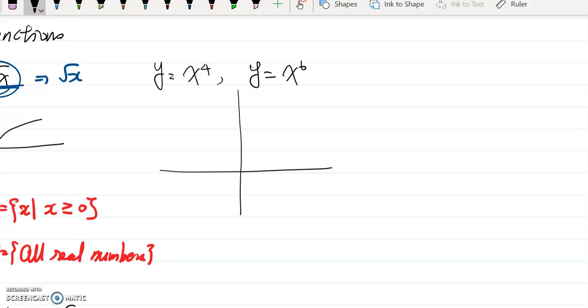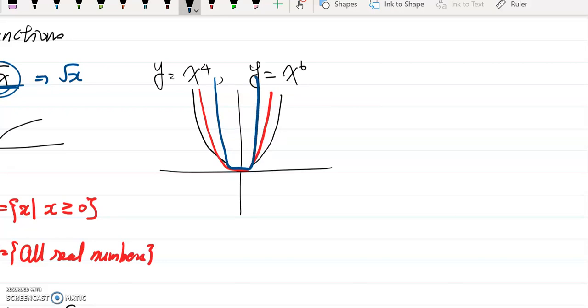If this is the x squared graph, then x fourth becomes a little bit like this, and then something like that, and x sixth means more like this. So even though the shapes are a little bit different based on stiffness, the domain and range of all these even degree powers show exactly the same.